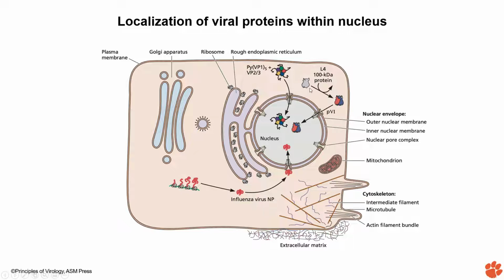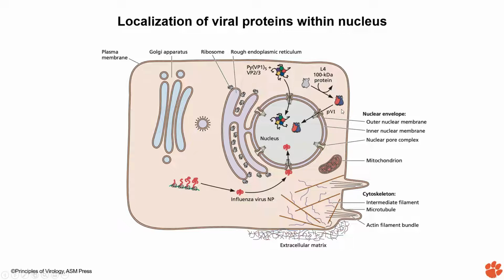On the other hand, this is an example of adenovirus. What happens is that first, trimers of these hexons are going to assemble together, and the L4 protein of the adenovirus helps in the maturation of these hexons.